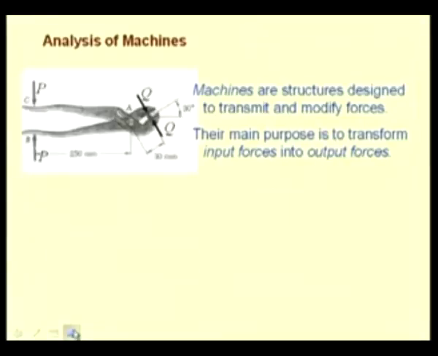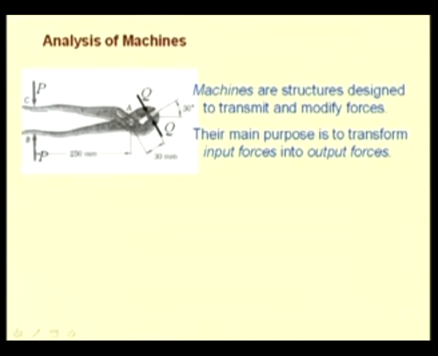Now let us move on to analyze machines. We have seen that machines are structures used to modify forces and provide mechanical advantage. Like here you see a plier used to hold a rod or a wire.